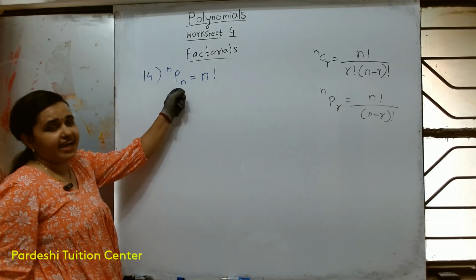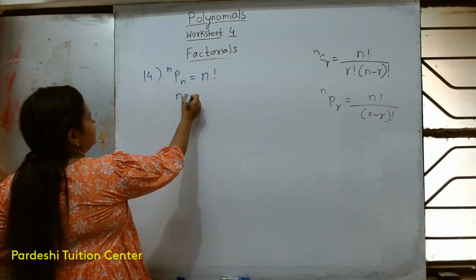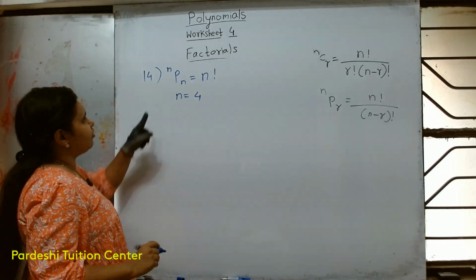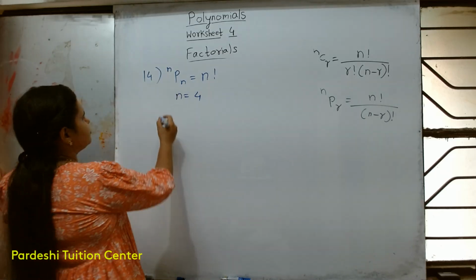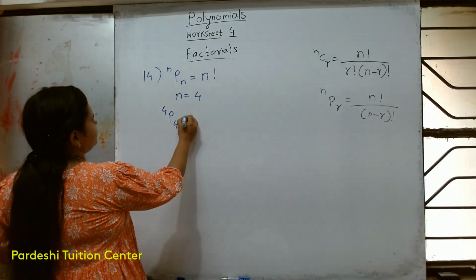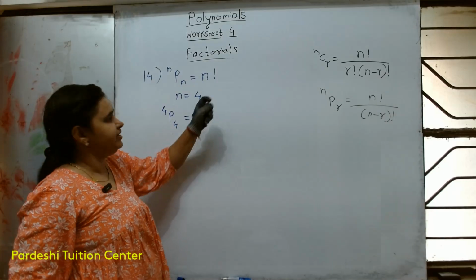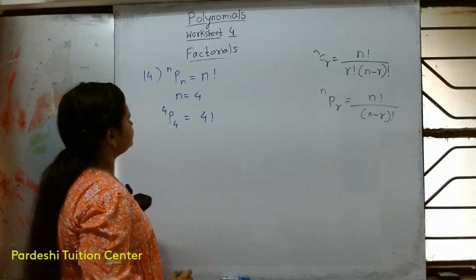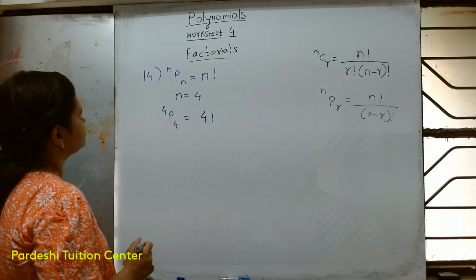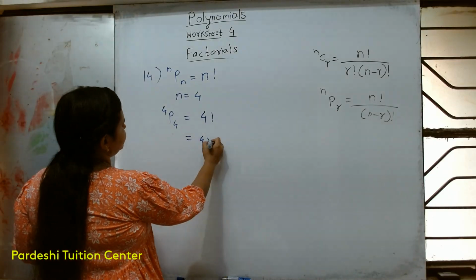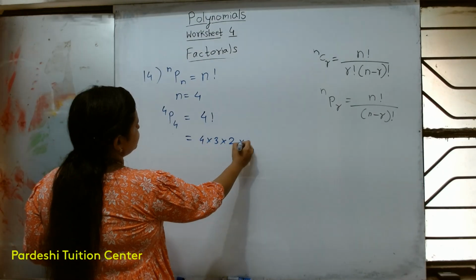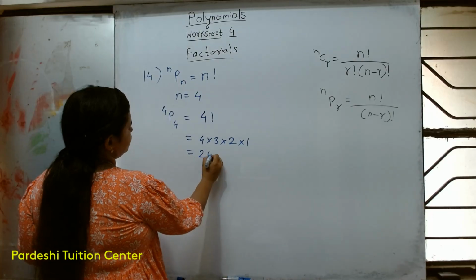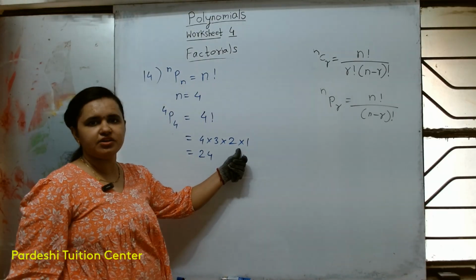If I put n as 4, then it will be 4P4. 4P4 equals n factorial, meaning 4 factorial. So 4 factorial will be 4 into 3 into 2 into 1. 4 threes are 12, 12 twos are 24.